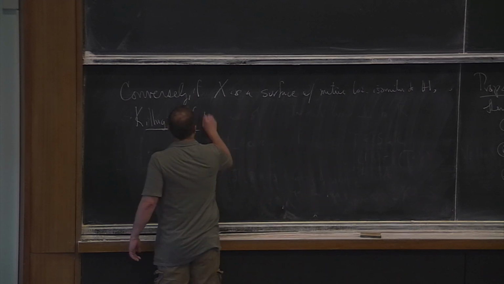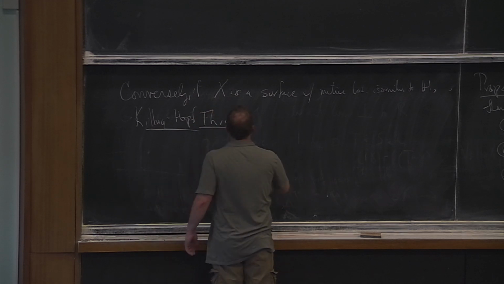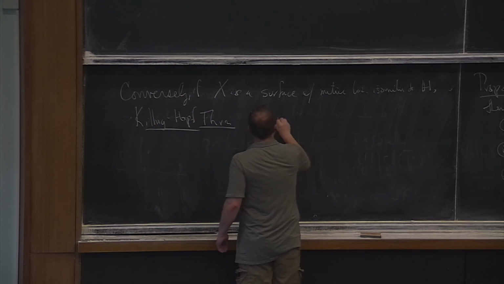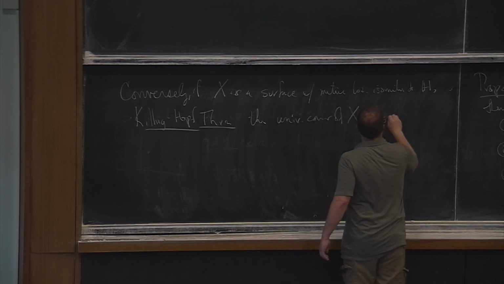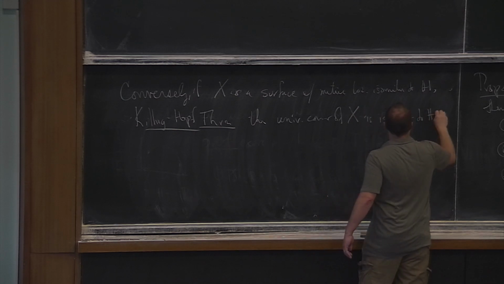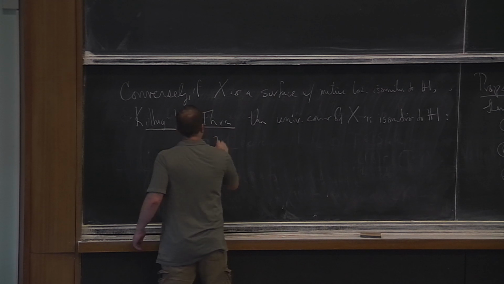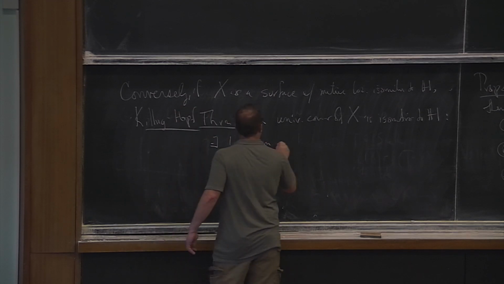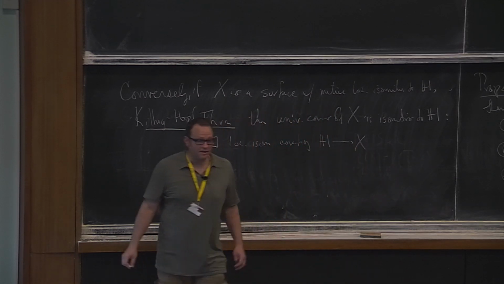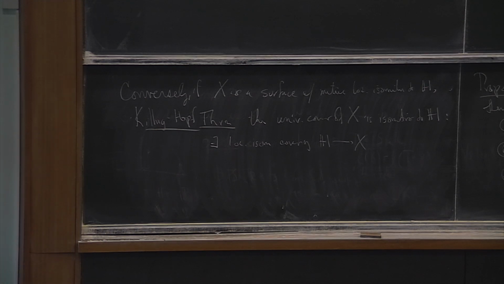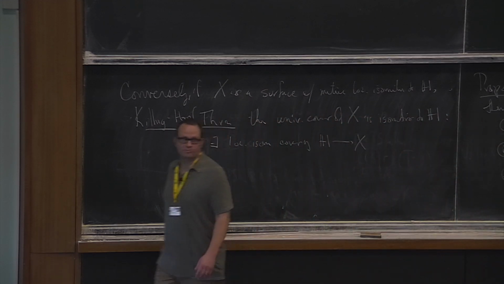The Killing-Hopf theorem says that then the universal cover of X is isometric to H. Said differently, there exists a locally isometric covering of X by the upper half plane with the hyperbolic metric. So I can think about starting with the Riemann surface and then building this metric that makes it locally isometric to the hyperbolic plane, or I could start with a metric that makes it locally isometric to the hyperbolic plane.